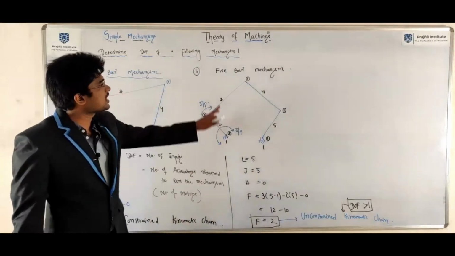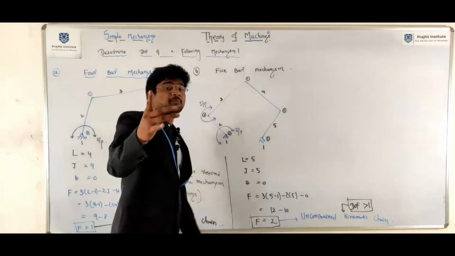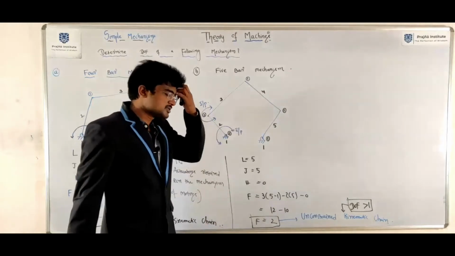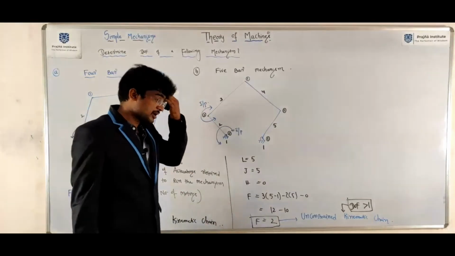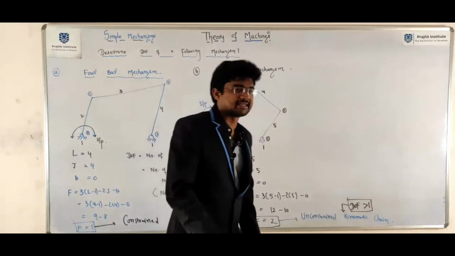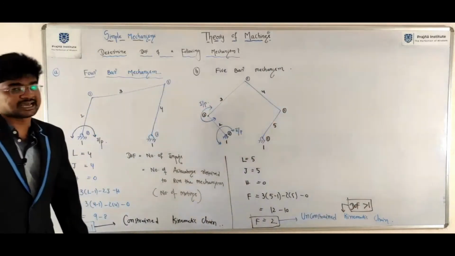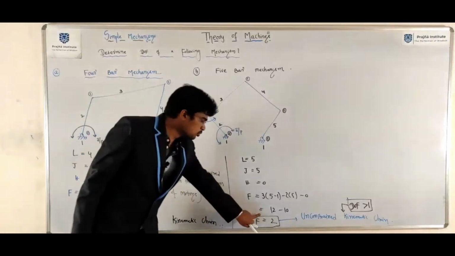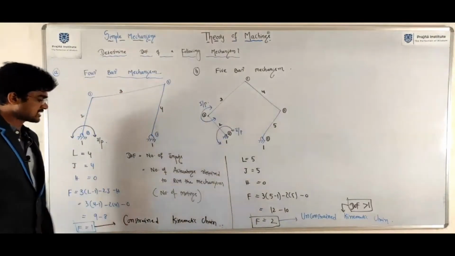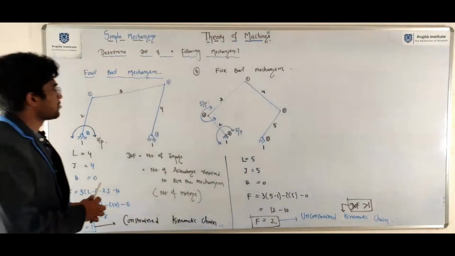In robotic terminology, you can call it a manipulator, a parallel manipulator, with more than 1 degree of freedom. No need to think about the manipulator level, just unconstrained kinematic chain. More than 1 motion, that is why unconstrained.